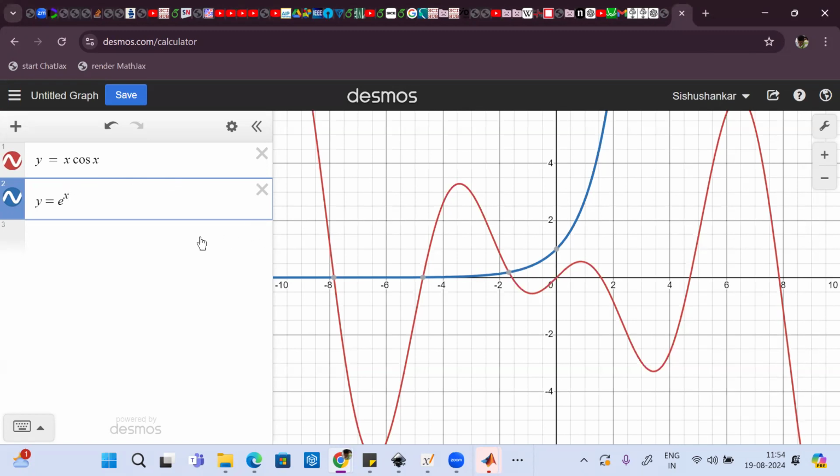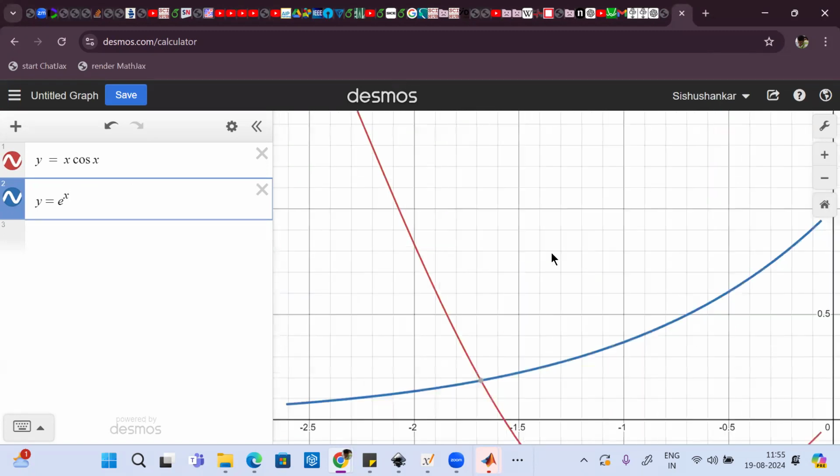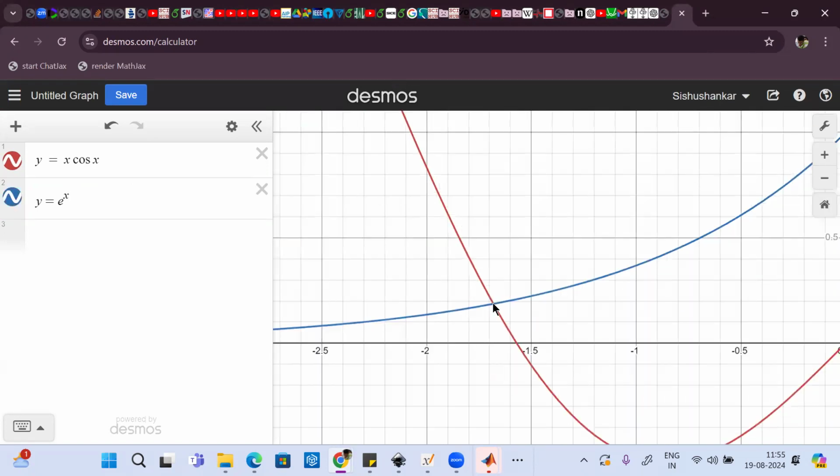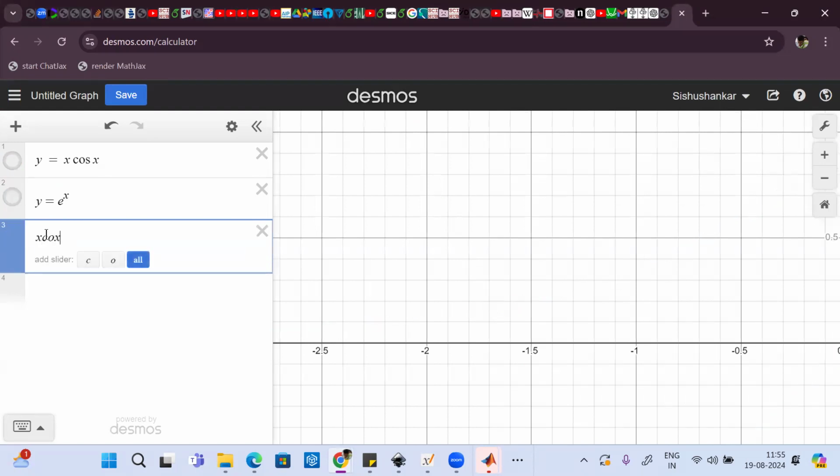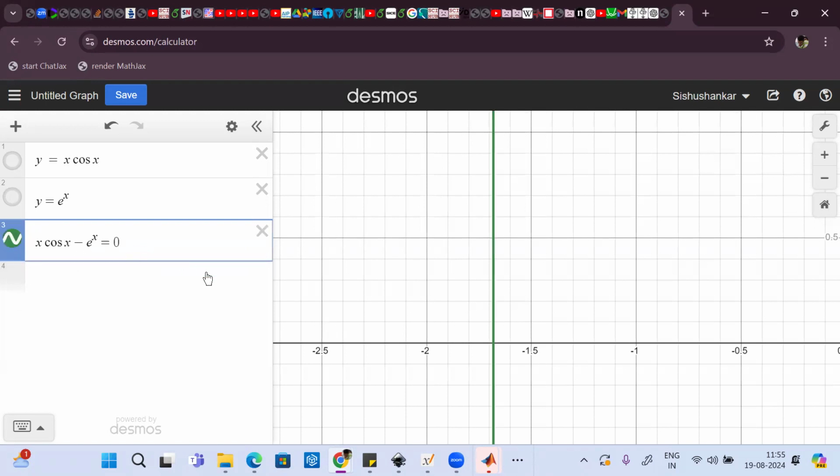Because where they intersect is the root. Why is it the root? Because there the values of y for both x cos x and e^x are the same. So if I do it another way, say x cos x - e^x = 0, this gives you the list of solutions x which satisfy this equation.